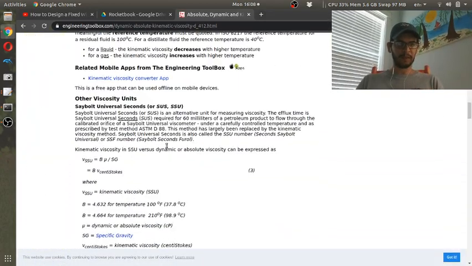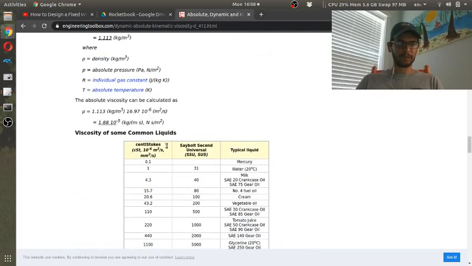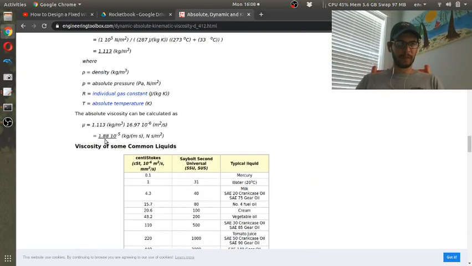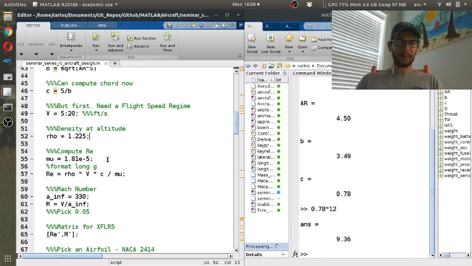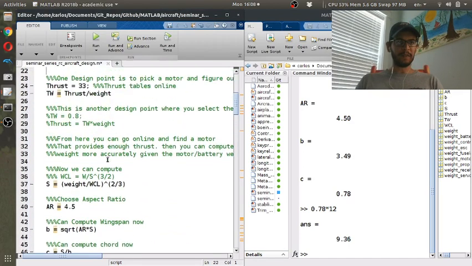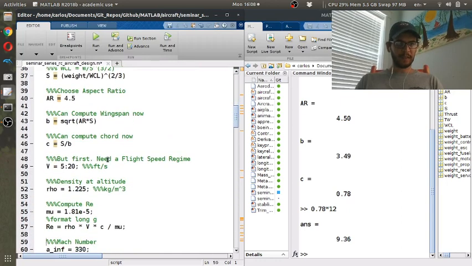Yeah, there's 1.88E-5, but that is in kilogram. This is in the wrong units. And this is also, so this is difficult. This is kilogram per meter cubed, and all of this is in feet and ounces.